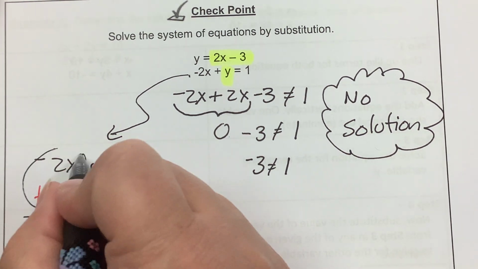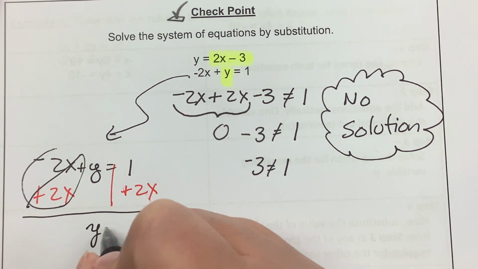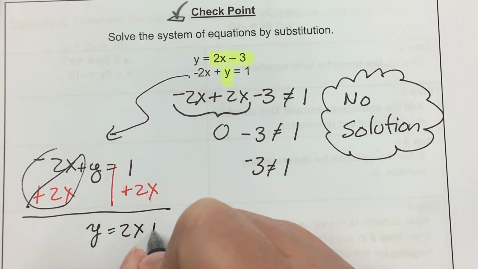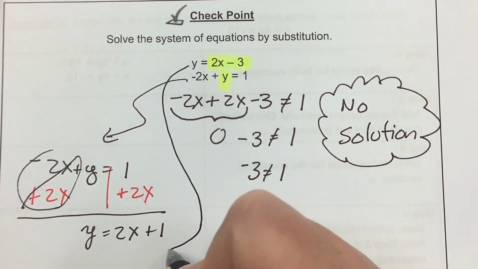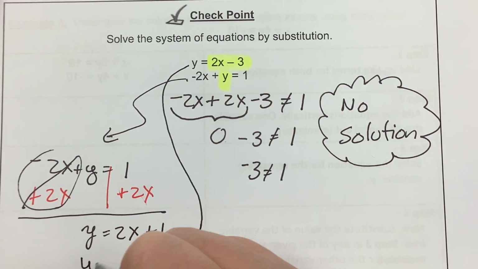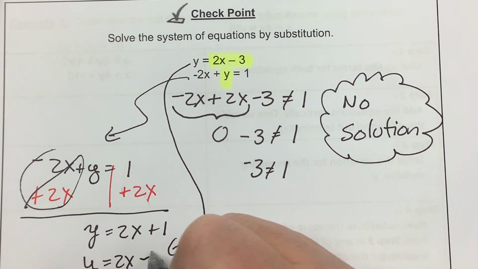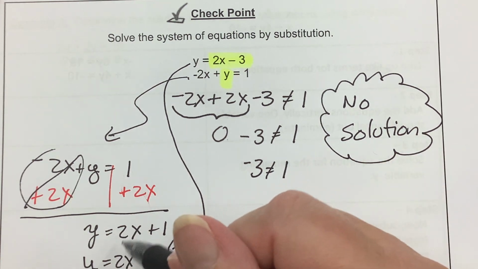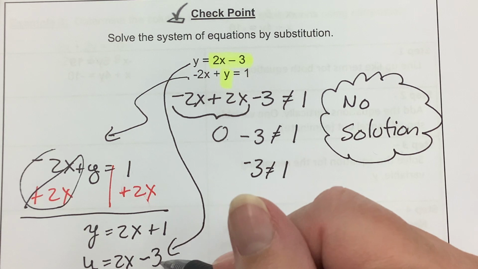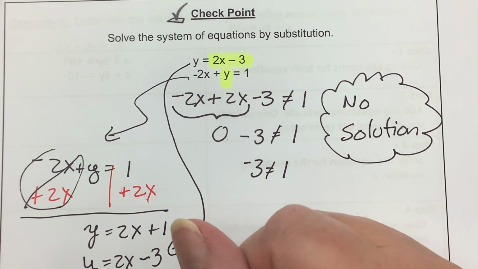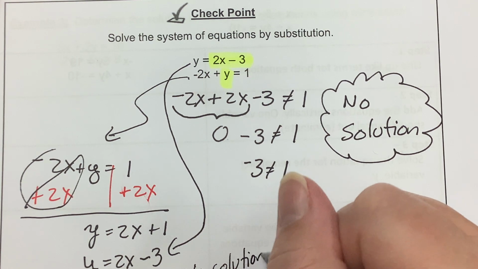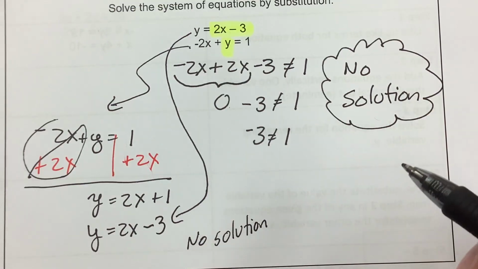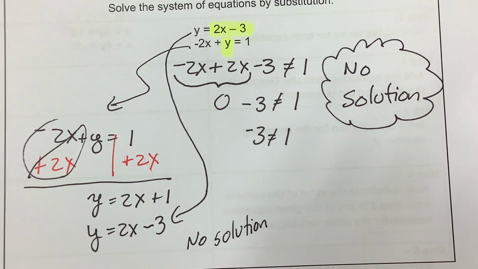And this becomes 0. Y equals 2x plus 1. And then I have this, which says y equals 2x minus 3. Same coefficient, different constants, no solution. That's a good way to check it if you're not sure. Just go back and put them both in y equals mx plus b.